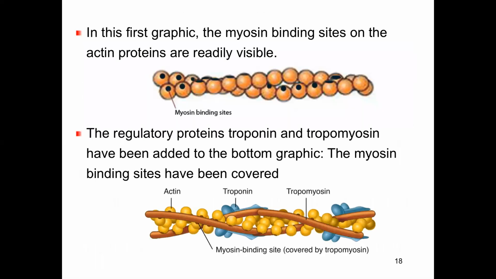So if we look at actin on its own, the F-actin for our thin filaments, we have these myosin binding sites on here. And when the muscle is relaxed, those binding sites are covered by the troponin-tropomyosin complex.